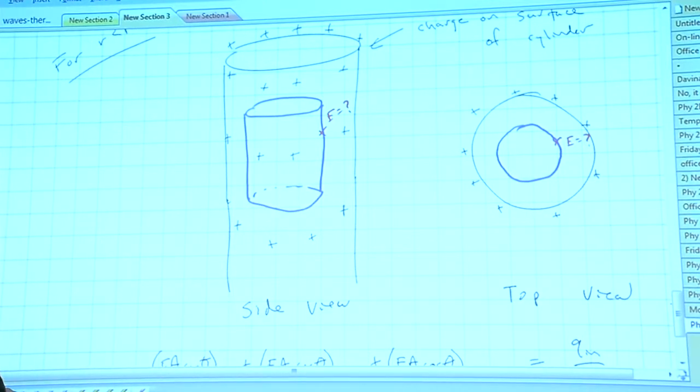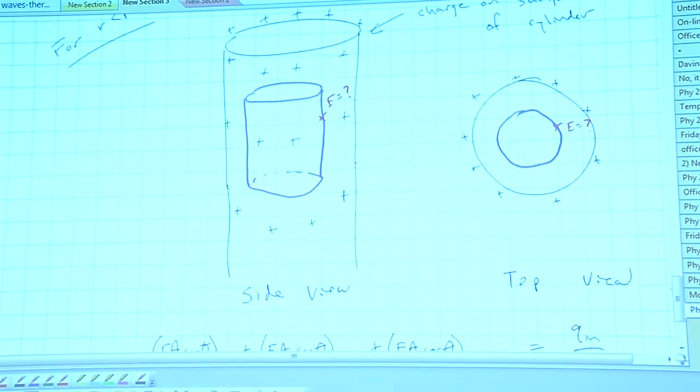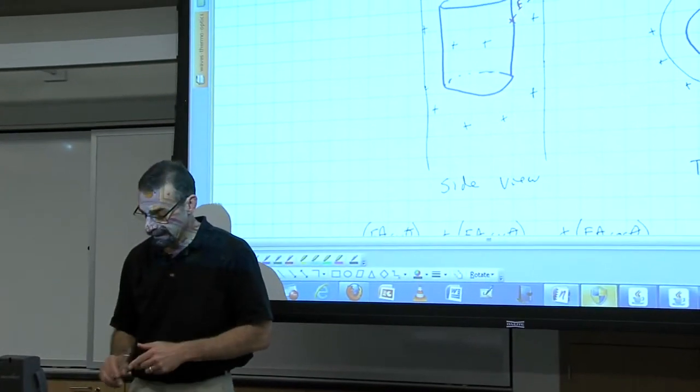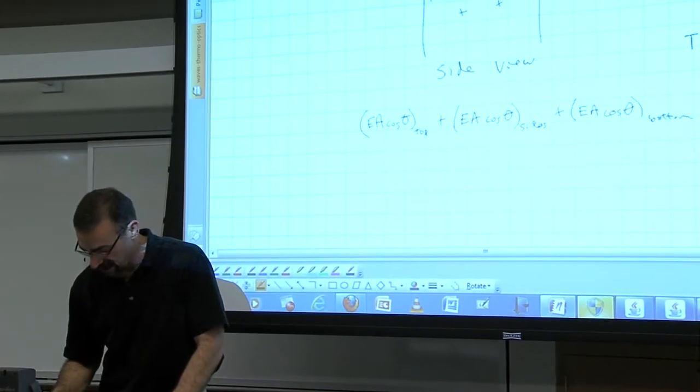All the charge is on the surface of the bigger object, right? Like if all the charge was on the surface of this room and we had a box inside the room, we said, what's the charge inside the box? 0, right? It's all on the surface of the room. The box would have to contain one of the surfaces of the room. So it has no charge inside. Q in equals 0.